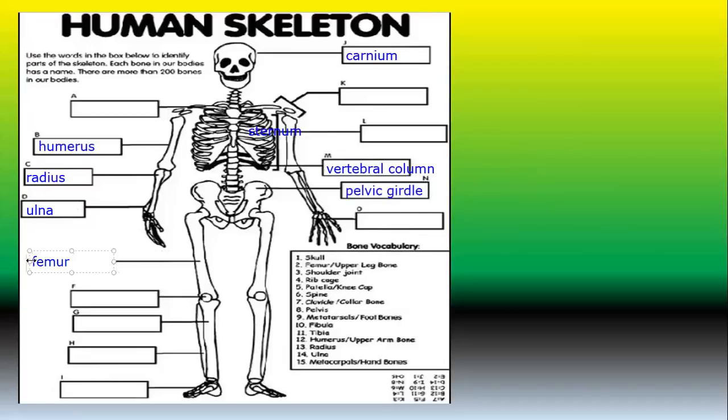I can't pronounce certain words, so I understand. We have a try here. Yes, sir. Okay. All right. What about this one here? The tibia. Tibia. Okay, good.